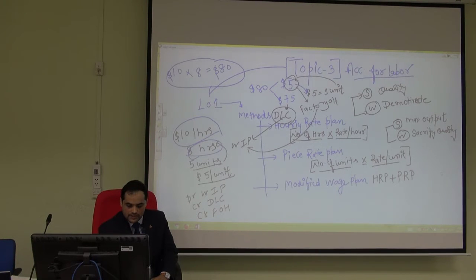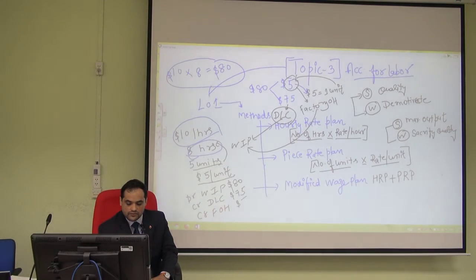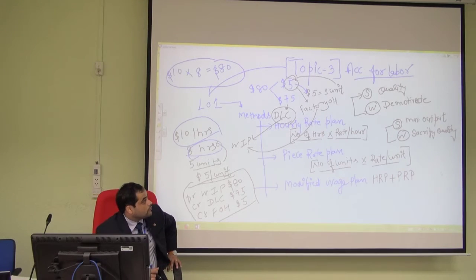Work in process is the $80, because that's the labor cost. In this $80, $75 is direct and $5 will transfer to overhead. So that's basically the idea behind the journal entry related to the labor cost.